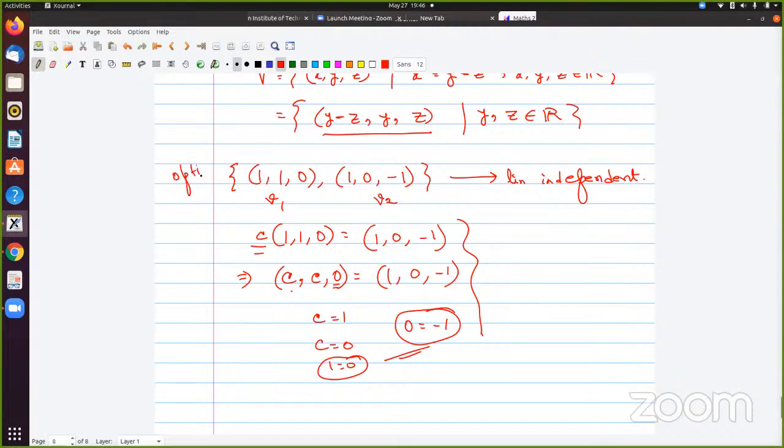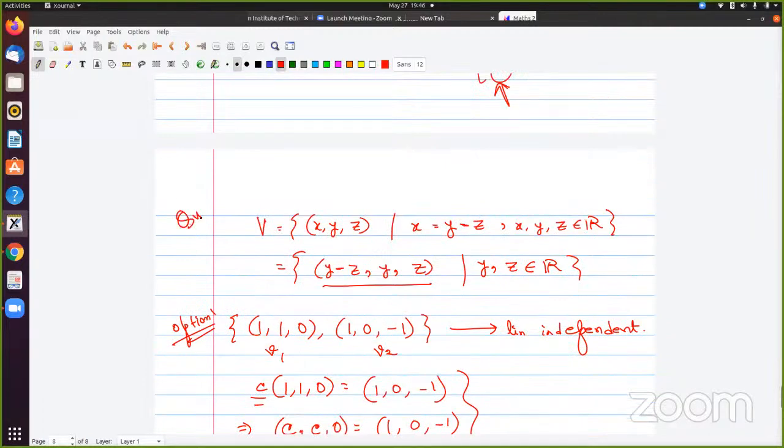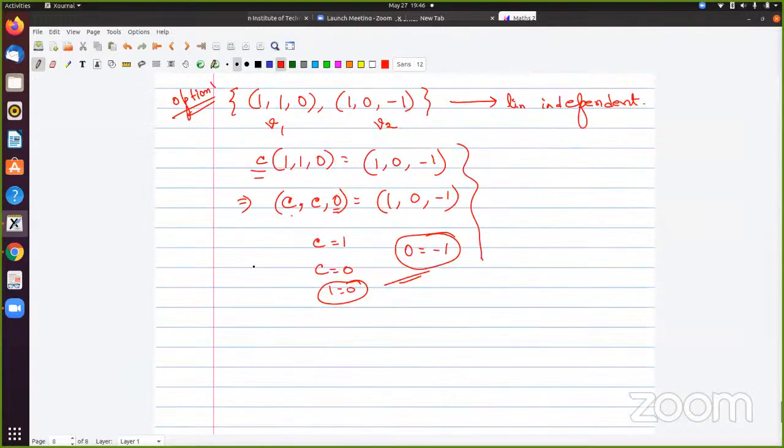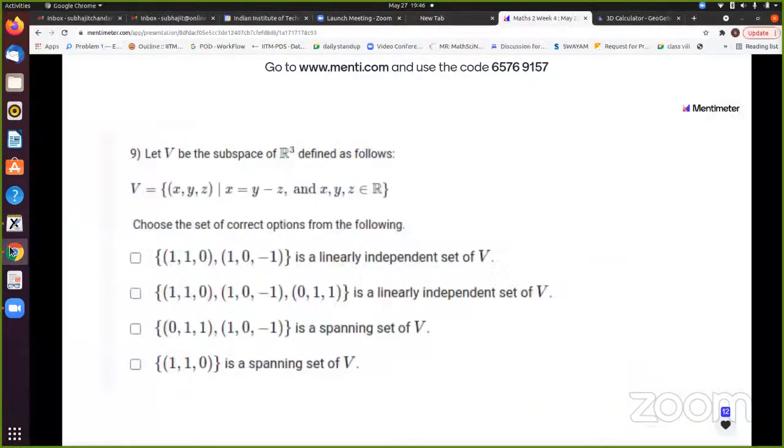Yes, sir. Okay, this is question 3. Now, what about option 2? Option 2 is quite easy. There are 3 elements: (1, 1, 0), (1, 0, minus 1), and (0, 1, 1) is added.